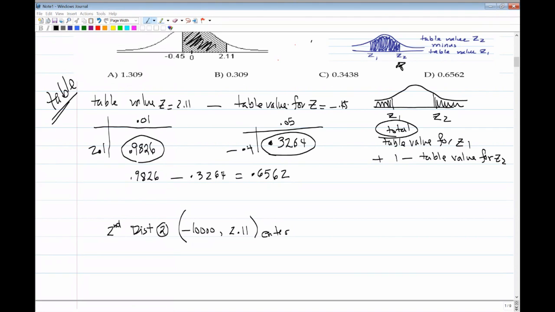Now we do the same thing, second distribution, number 2, and then we type negative 10,000, comma, and then the negative 0.45.